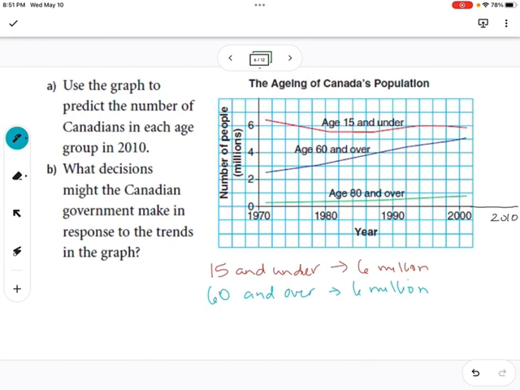And if we look at the 80 and over, we can notice that there is a very slight increase as time goes on. So if it continued on, it's already reaching about 1 million, so we might get to about 1.5.